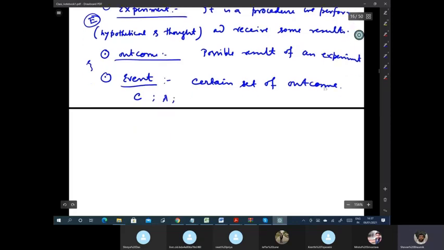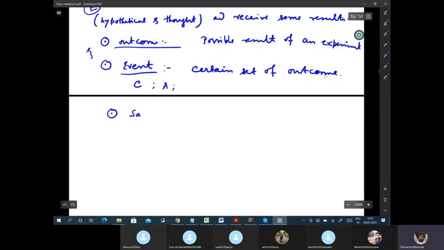Now the last thing that remains: the sample space.